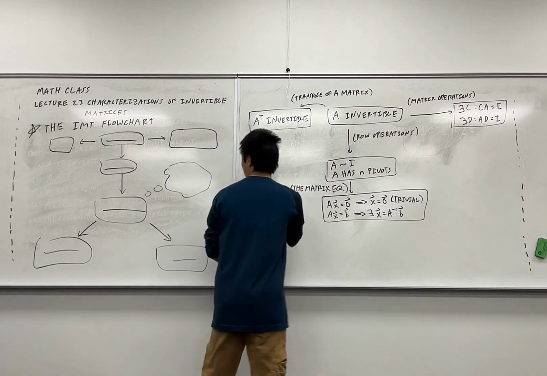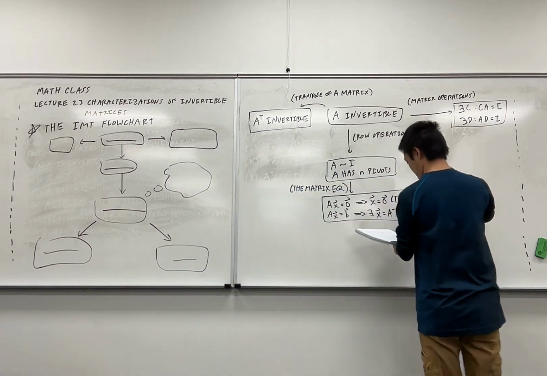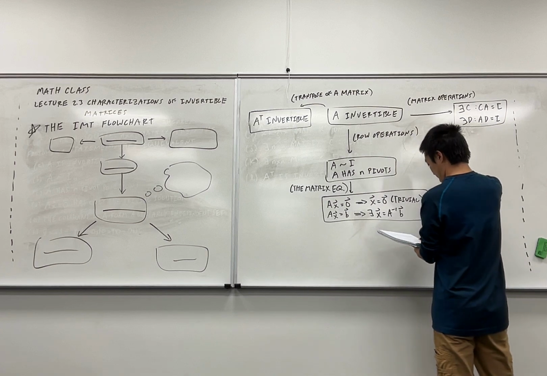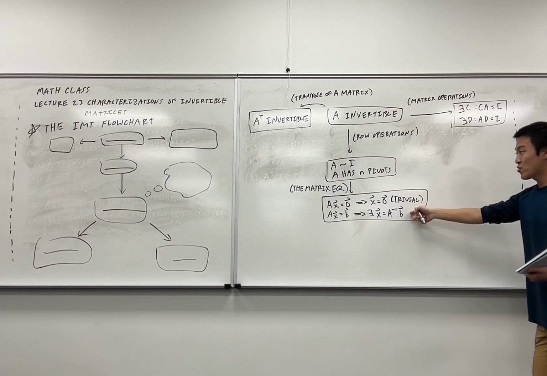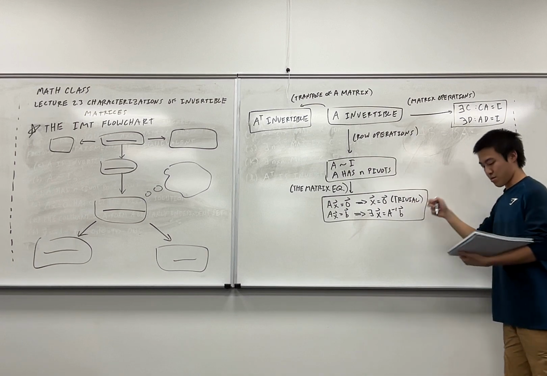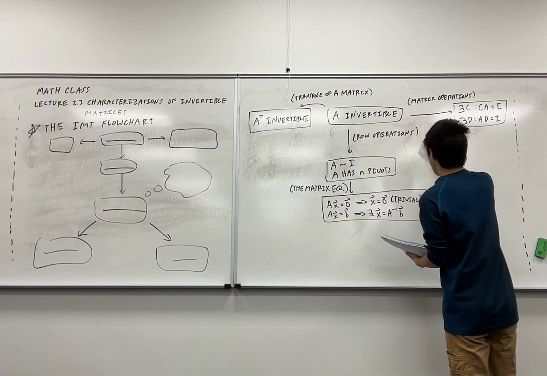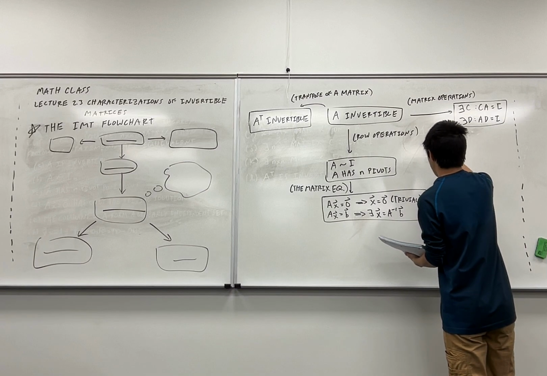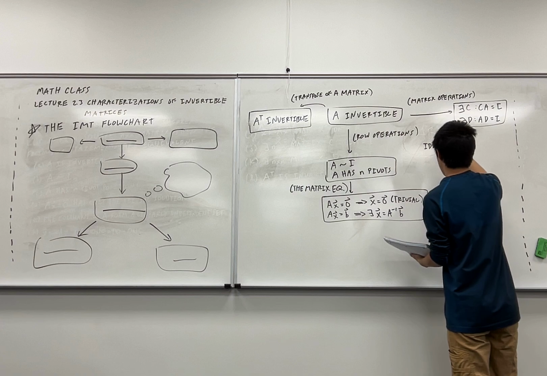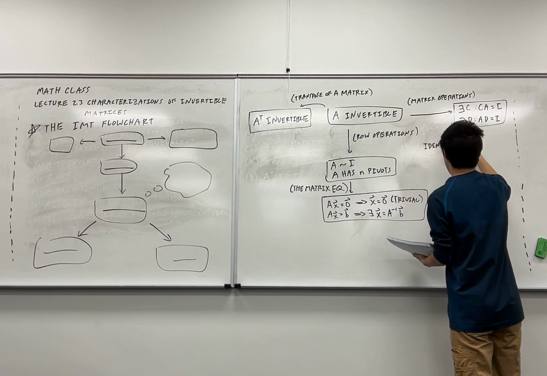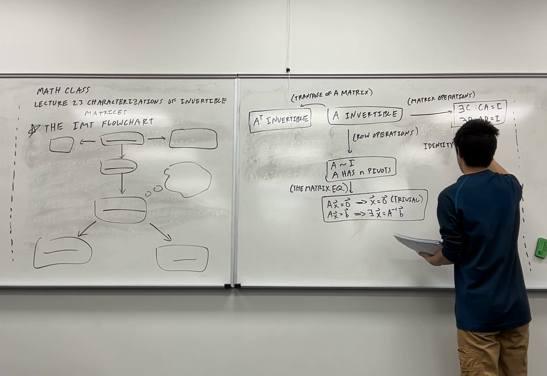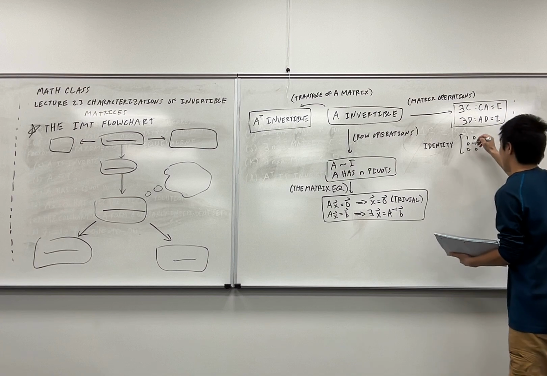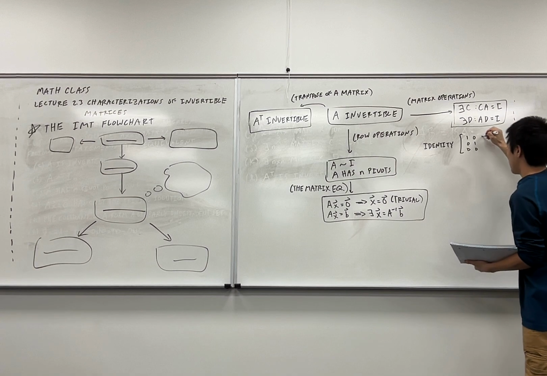Okay, and so this little speech bubble is to include a memory help that connects these two together. The memory help is just simply, what is an identity matrix? For example, in R3, I have 1 0 0, 0 1 0, 0 0 1.